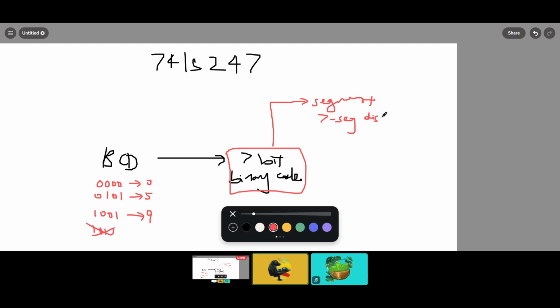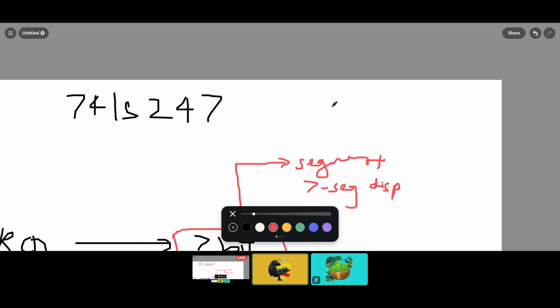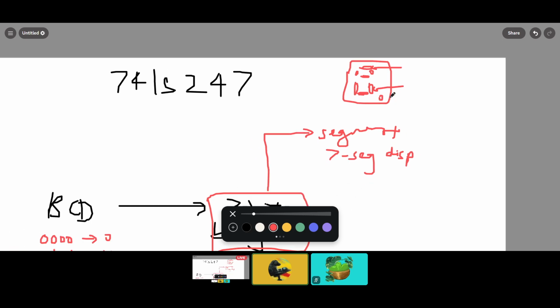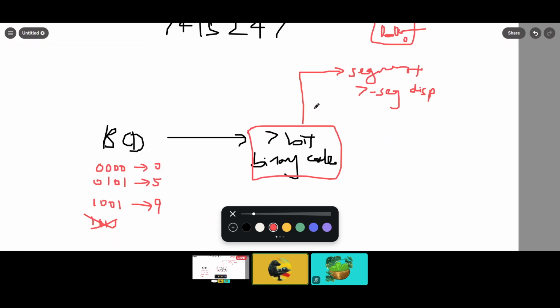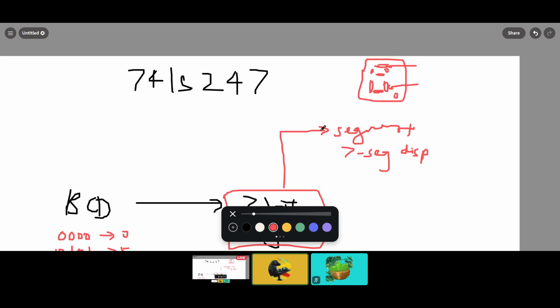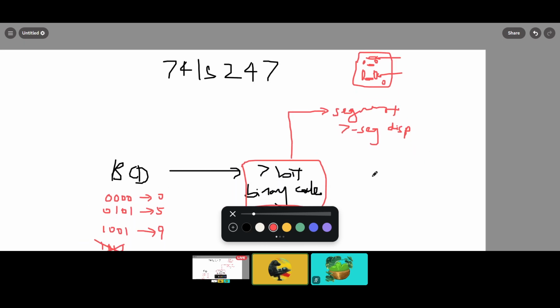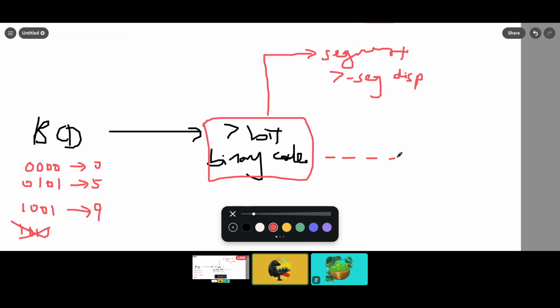A 7-segment display, which looks like this, has these different LED segments here, which can be individually powered. So basically, each bit in the 7-bit binary code, 1, 2, 3, 4, 5, 6, 7, is going to correspond to A, B, C, D, E, F, G, each segment.